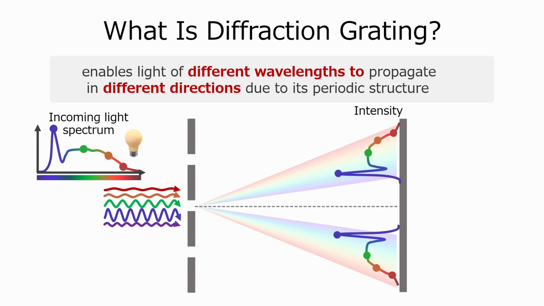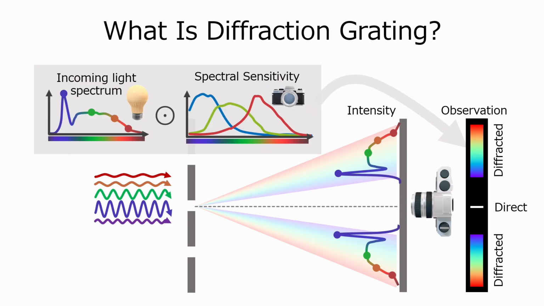This allows the intensity of each wavelength component to be observed at different points on a screen. Recalling that without a diffraction grating, the RGB values are given by the inner product of the incident light spectrum and the camera's spectral sensitivity, the observation of diffracted light through the camera results in a rainbow-like pattern. Mathematically speaking, this can be represented as the element-wise product of the incident light spectrum and the camera's spectral sensitivity.